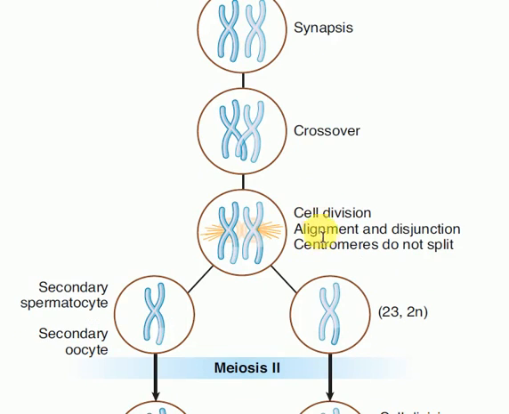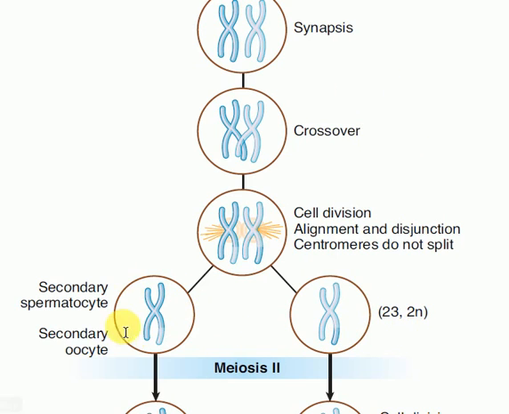After the first meiotic division, the number of chromosomes is reduced to one half, that is 23 chromosomes, and the amount of DNA is 2n. From 4n, it has gone to 2n.